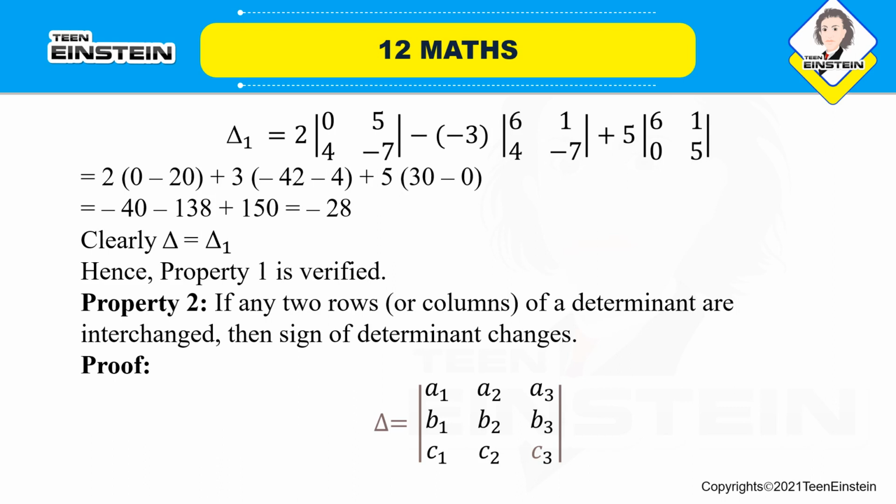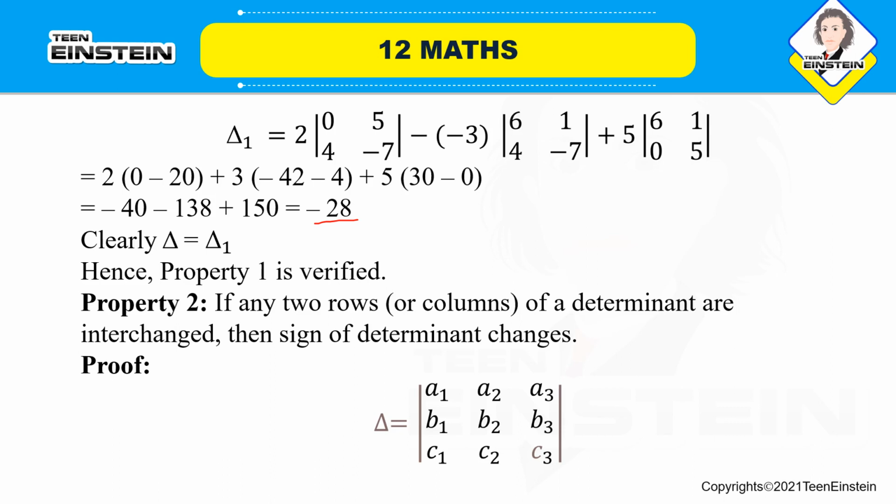So on simplification, we are getting the same value here, minus 28. So it is clear that the values are not changed, they remain the same. So delta is equal to delta 1, hence property 1 is verified.